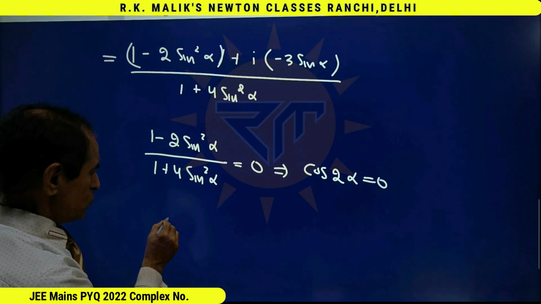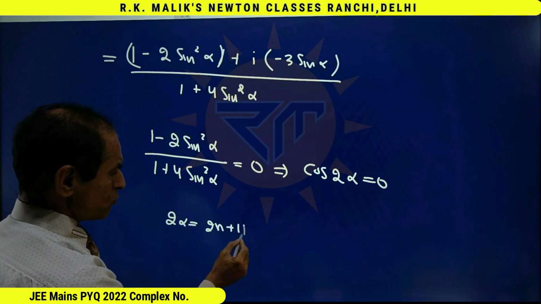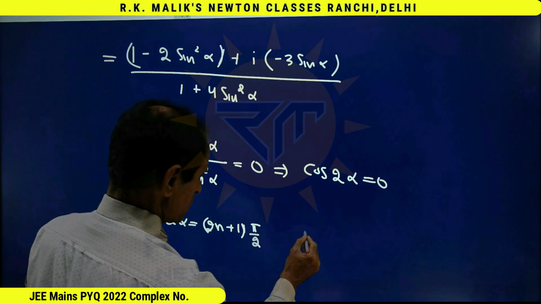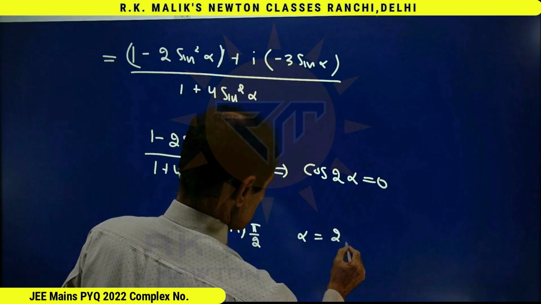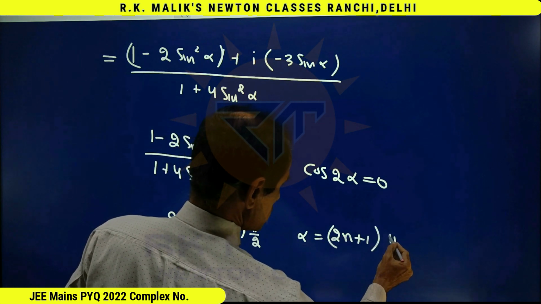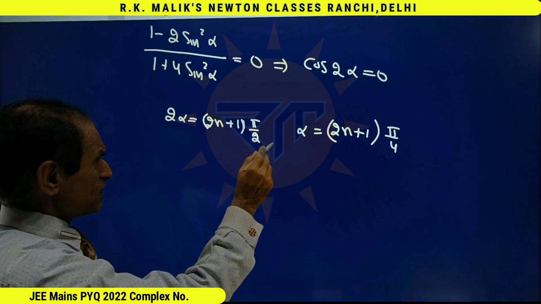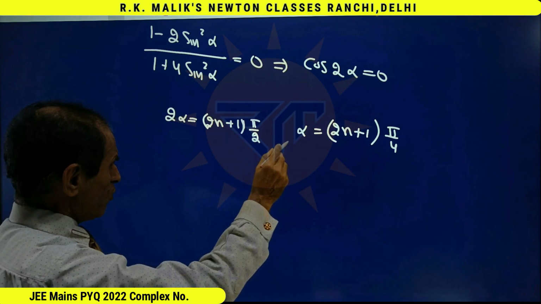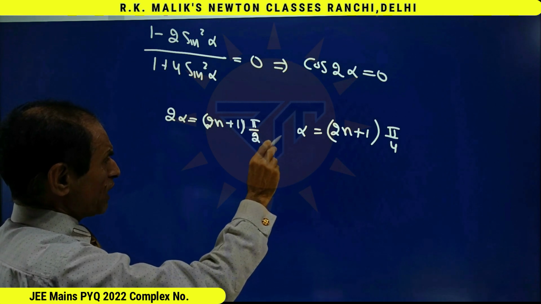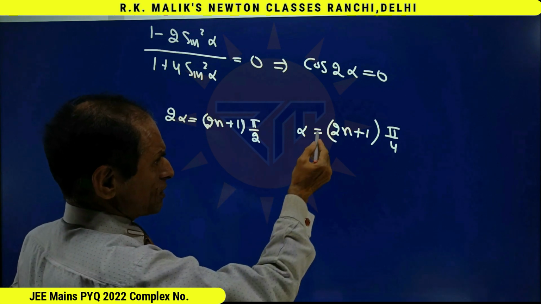And 2 alpha is equal to (2n plus 1) pi by 2. That is alpha is (2n plus 1) into pi by 4, where n is any integer, but only that value of n will be taken for which the value of alpha lies in the interval pi to 2 pi.